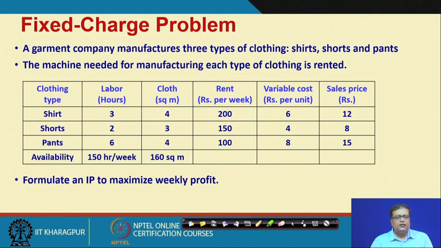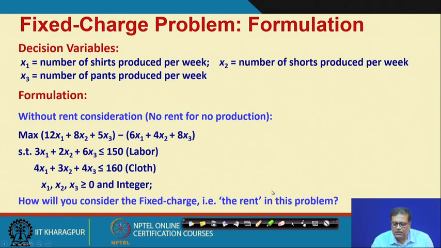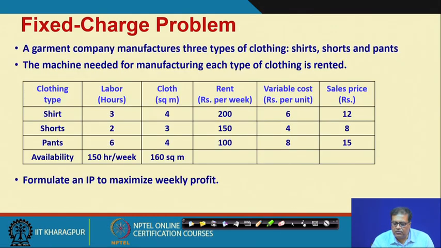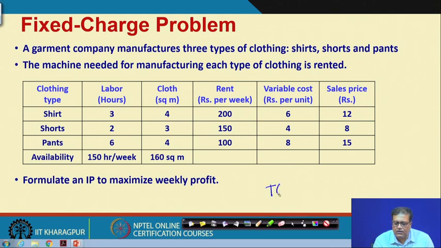So, having said that, let us look at the fixed charge problem. So, how do you go about this? How do you go about putting the fixed cost variable? See, look here, I explained it in the last lecture that if you take the total cost, let us say TC, total cost TC equal to FCi plus VCi star Xi, right.